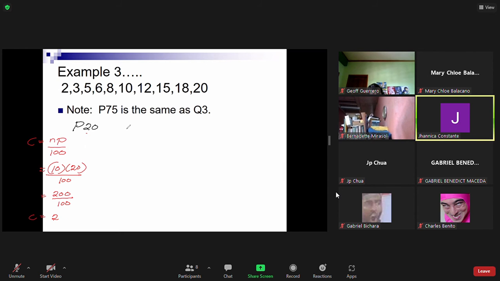Since we have C equal to 2, percentile 20 is equal to the second position plus the next position, which is third, divided by 2.